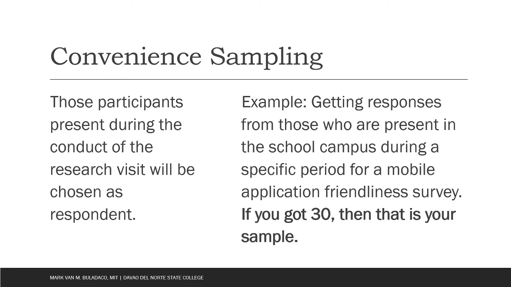Example, getting responses from those who are present in the school campus during a specific period for a mobile application friendliness survey. So if you have reached out to 30 people around the campus, that is basically your sample. So that is your convenience sampling.